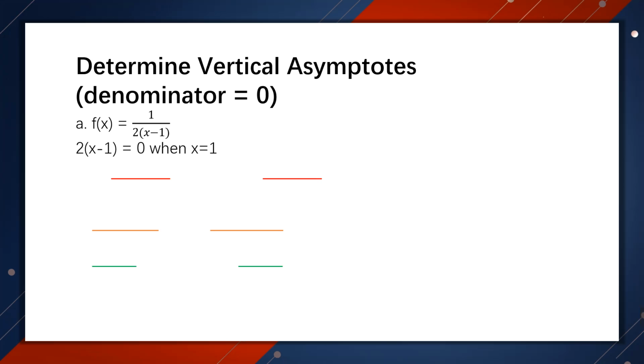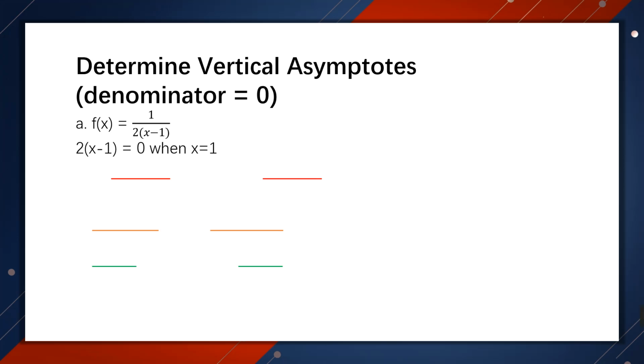Next, this is an example to first learn to determine the vertical asymptotes. The first example is f of x equals 1 over 2 times x minus 1. So we can see that the denominator is 2 times x minus 1.